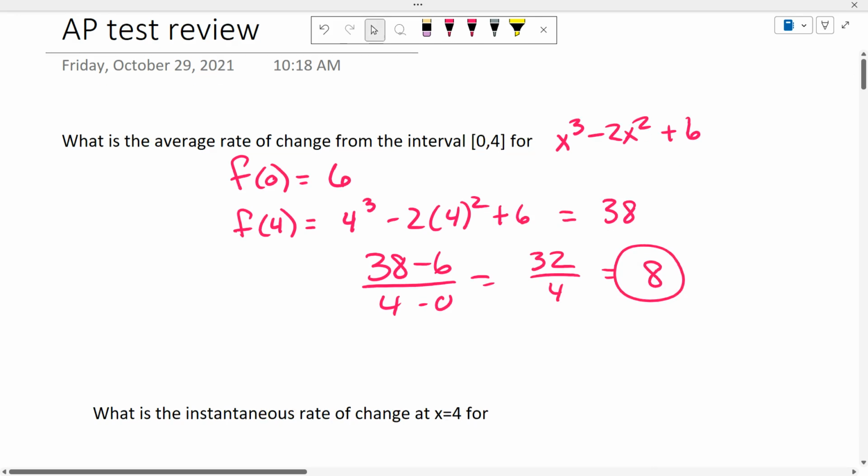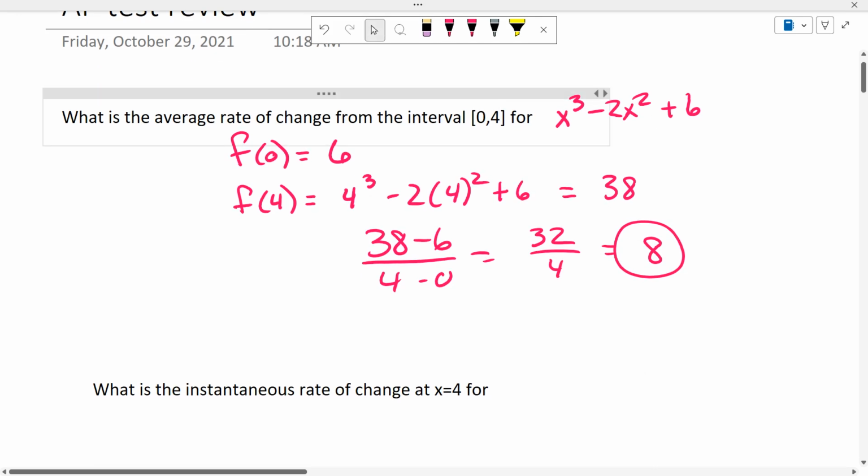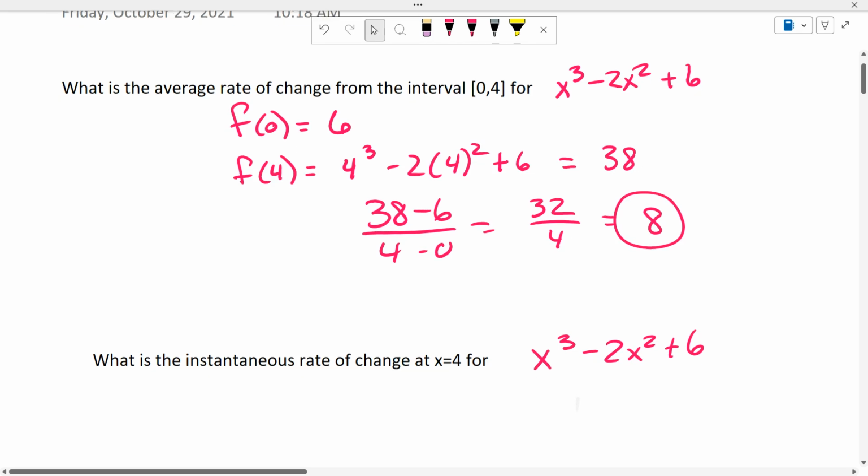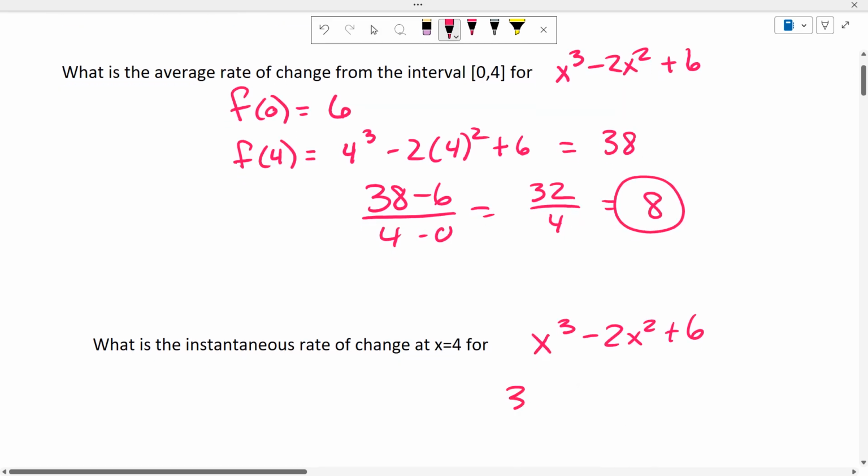Average rate of change. What's the instantaneous rate of change at x equals 4 for that same function? Then what do you do for this one? Derivative. Find the derivative of this, which is 3x squared minus 4x. And then you find that's what this is.